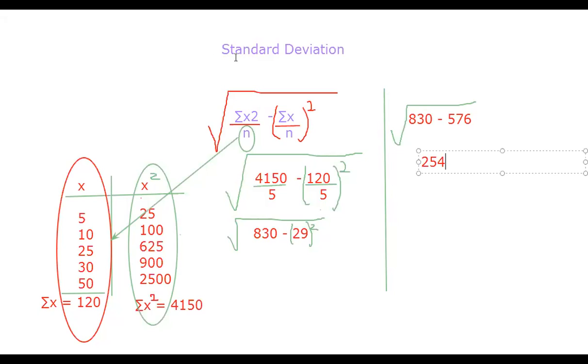The square root will continue as it is. Finally we are removing the square root. So our standard deviation is equal to 15.93. This is our solution. Are there any doubts?